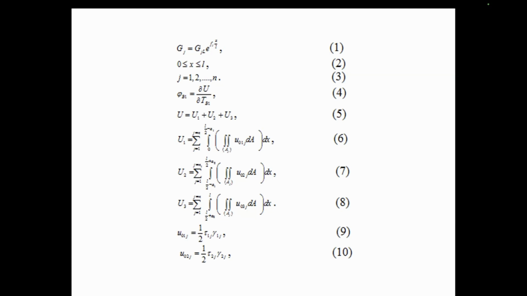The quantities G_jL and F_j represent the value of G_j at the left end of the beam and the parameter of the change of the shear modulus.